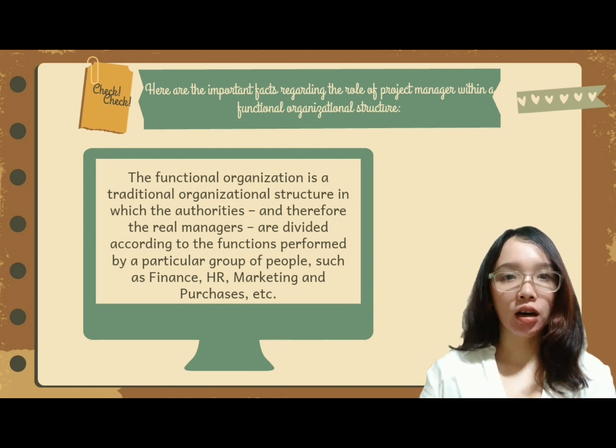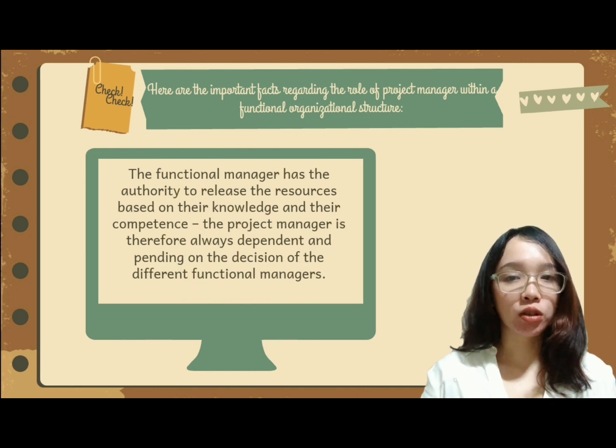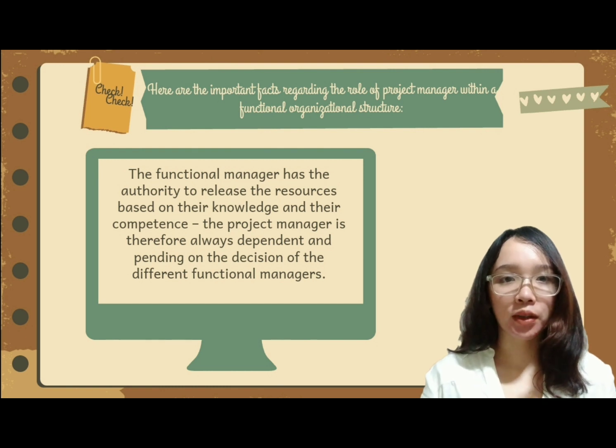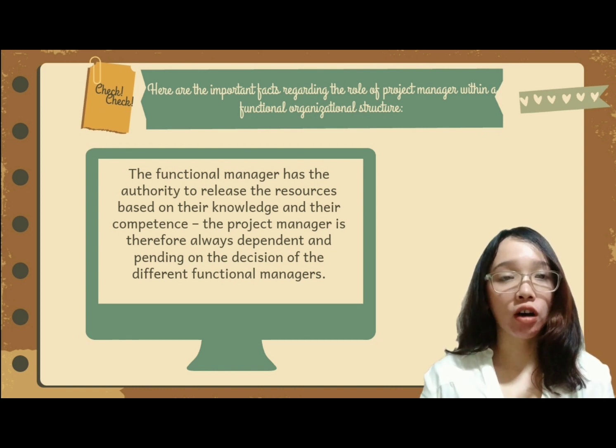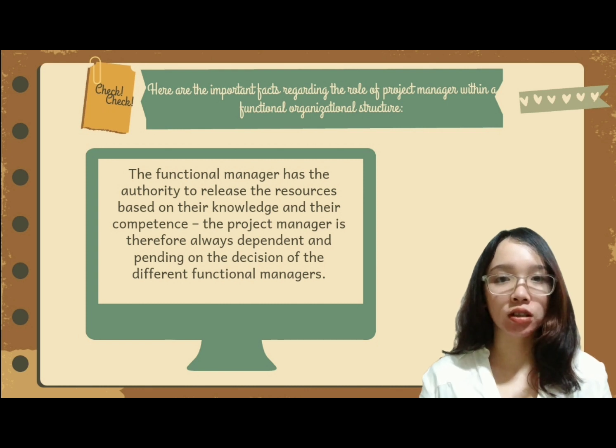Power and authority are in the hands of a functional manager, not the project managers. The functional manager has the authority to release the resources based on their own knowledge and competence. The project manager is therefore always dependent on the decisions of the different functional managers.